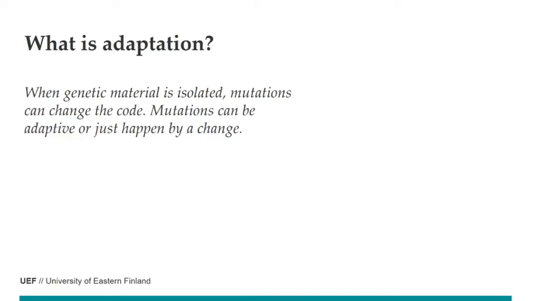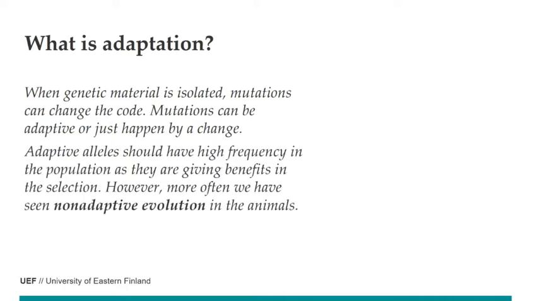These mutations can be adaptive, or their frequency can change by chance. If they are adaptive, some alleles should have high frequency in the population because they give some benefits for selection. However, quite often we have seen non-adaptive evolution in animals.